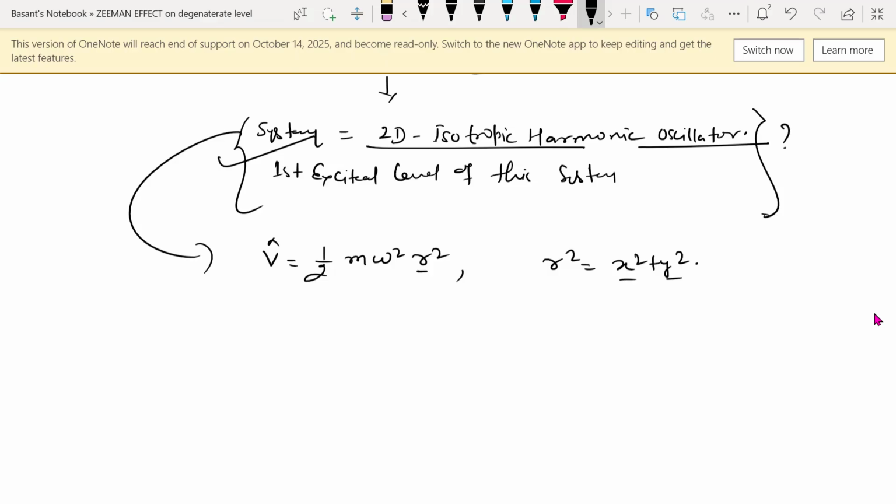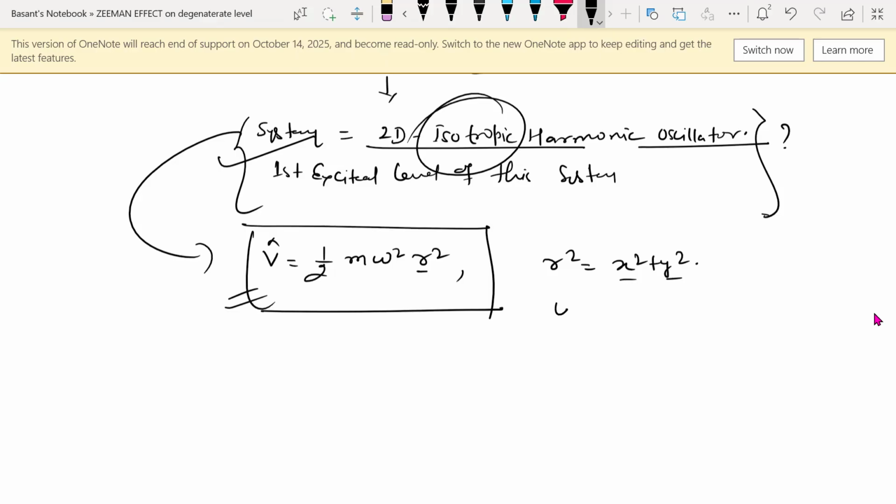So the potential of this system is half m omega square r square. Isotropic means omega x is equal to omega y, and I have taken this omega.